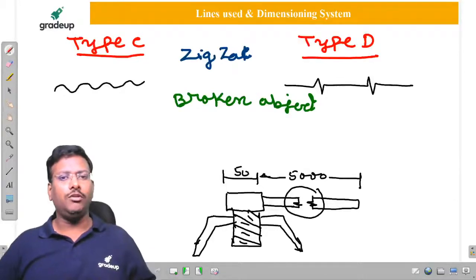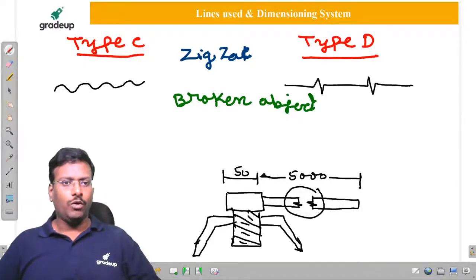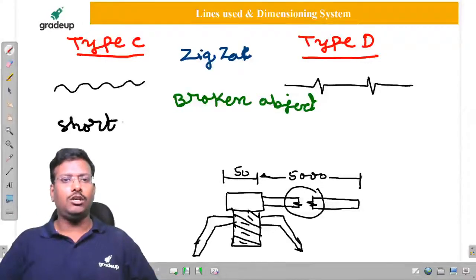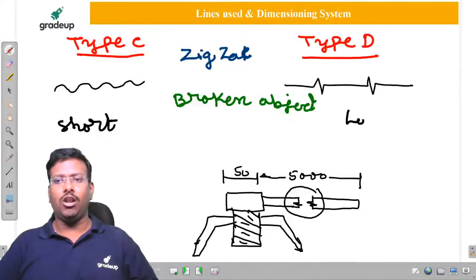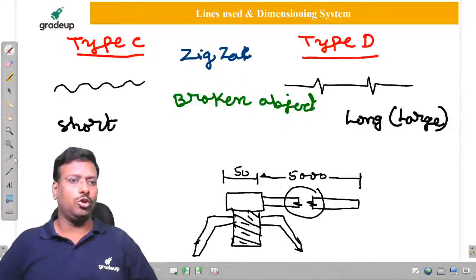So remember, whenever it is a short broken object, we represent it like this. I will show the diagram also. Short broken object, and long or large broken objects, we show like this.